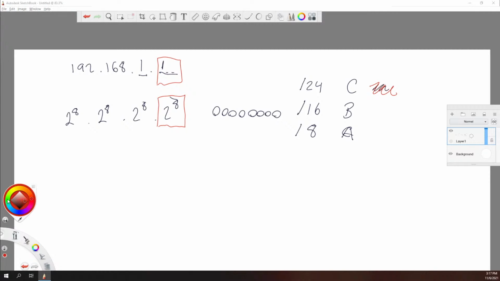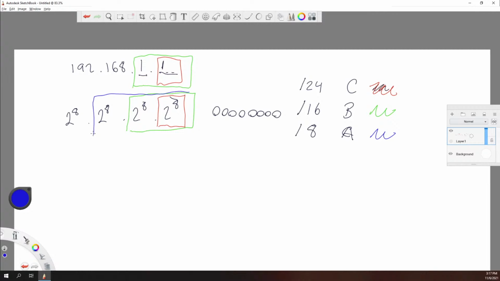If we were looking at a B, this part of the address would be the host portion. And if we were looking at something else, like an A, that part of the address would be the host portion.